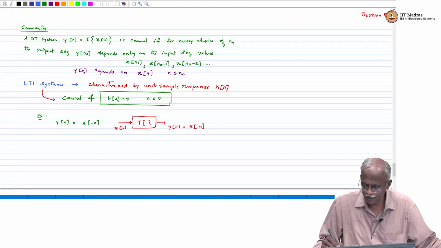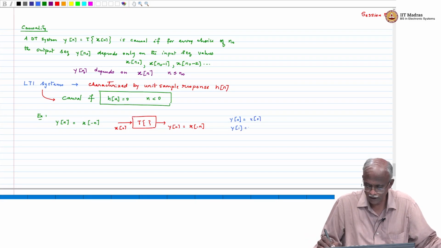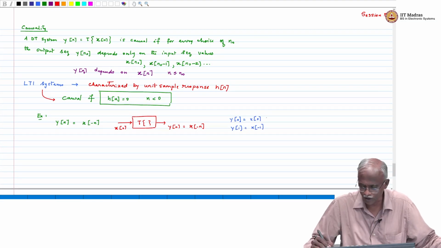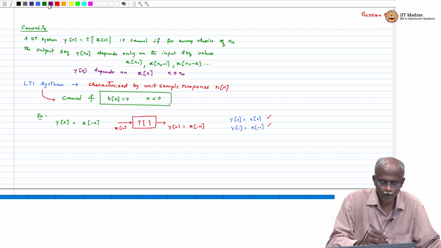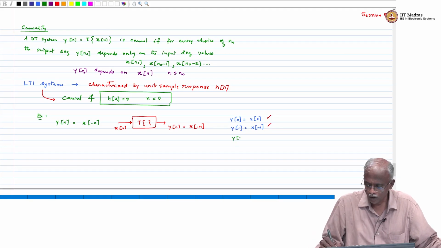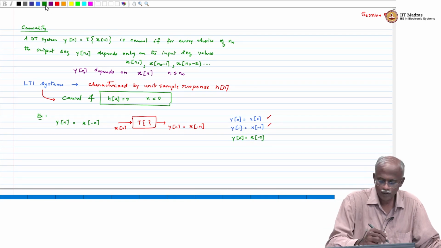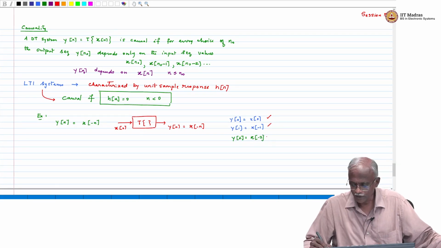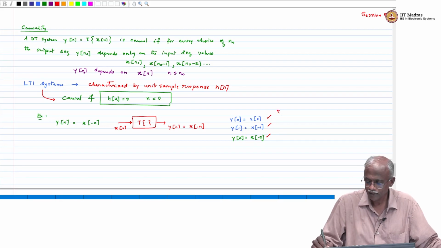So, we will always say, okay, y of 0 is x of 0, causal, no issues. y of 1 is equal to x of minus 1. Okay, this also is causal, it is a past sample. y of 2 is x of minus 2. And we say, okay, I have checked, causal.